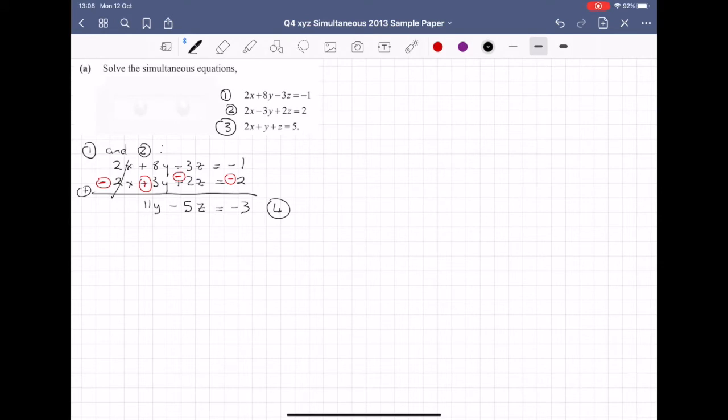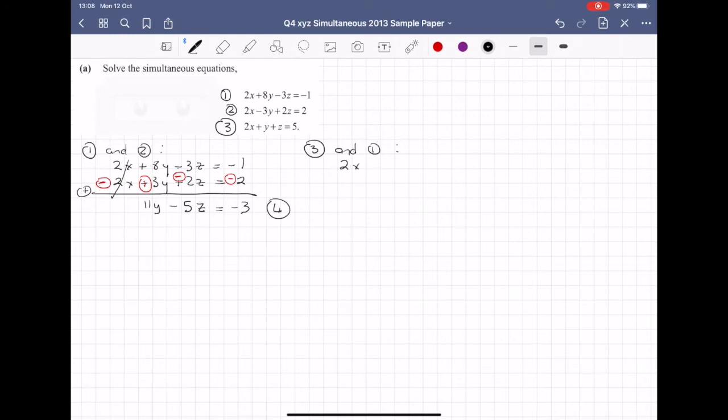Right, the next step is you must use equation 3. If you notice, I've done 1 and 2 here. I haven't used 3, so I must use 3 in this one. And I can choose any one of the other two, whichever you like the look of. It doesn't really matter in this case because all of the x terms are 2x's. So it's a direct cancel, so it's not too bad. I don't have to multiply each equation by anything.